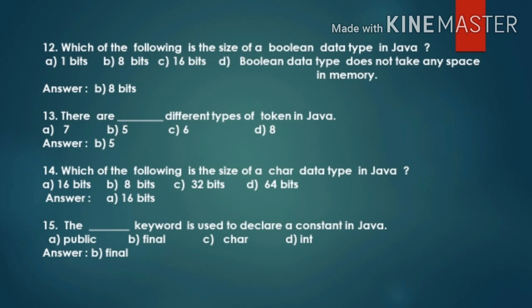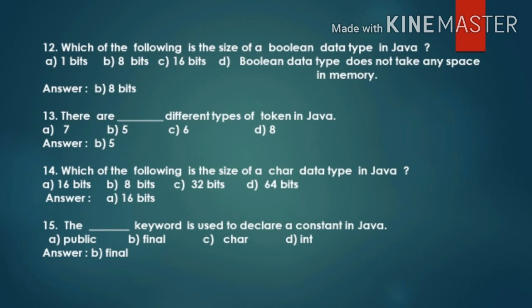Question number 14. Which of the following is the size of a char data type in Java? The options are A. 16 bits, B. 8 bits, C. 32 bits, D. 64 bits. The correct answer is A. 16 bits.